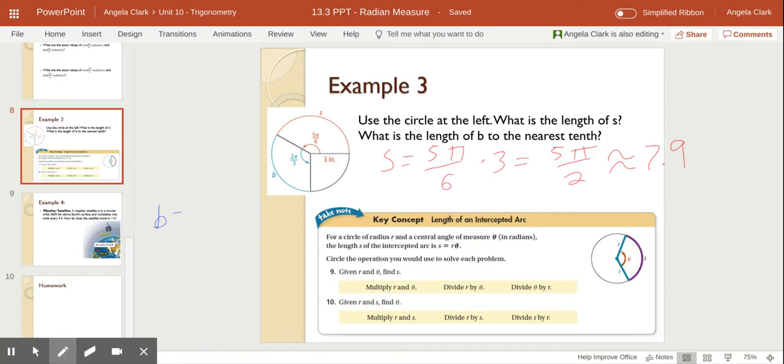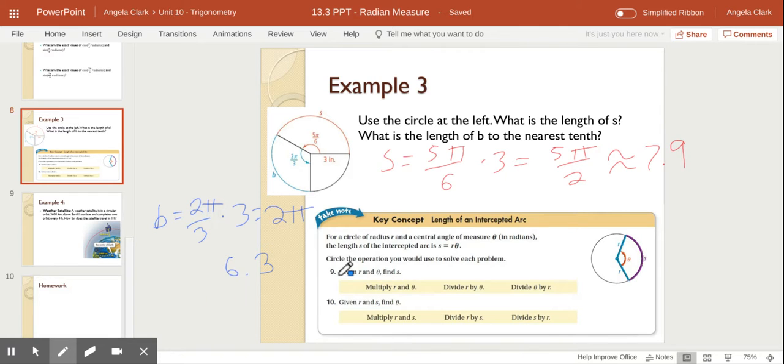B is 2 pi over 3 times 3, which is just 2 pi, which to the nearest tenth would be 6.3. It's 6.28 and so on. So yeah, 6.3.